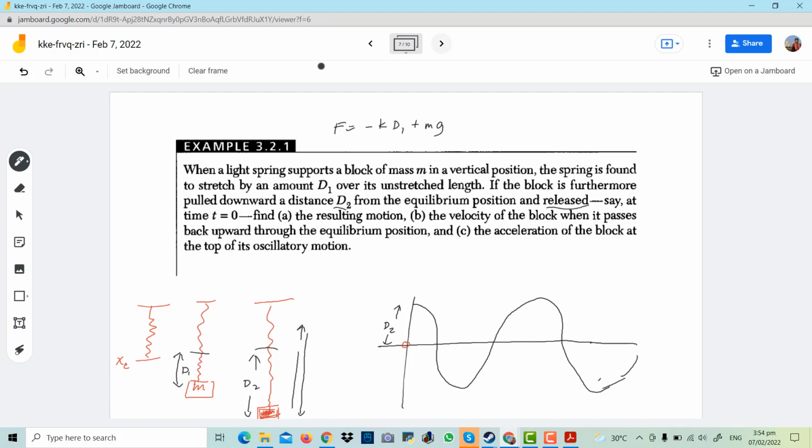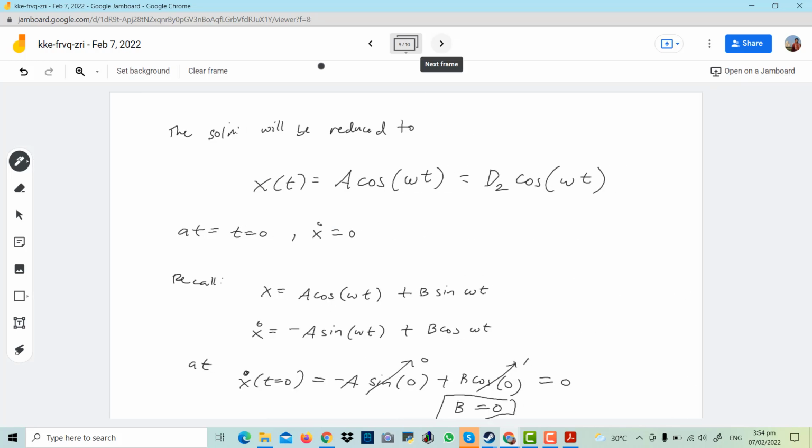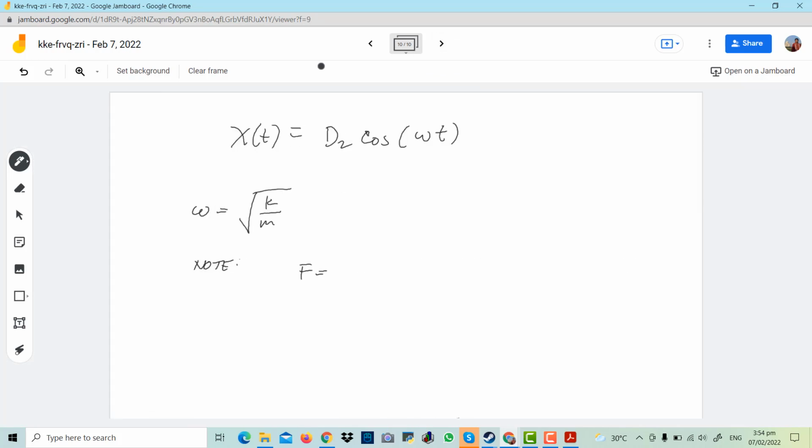That is the elastic force, Hooke's law, the restoring force, plus the weight of your mass, mg. From that we can solve for k. At the new equilibrium position, f is equal to 0, which is equal to minus k d1 plus m times g.